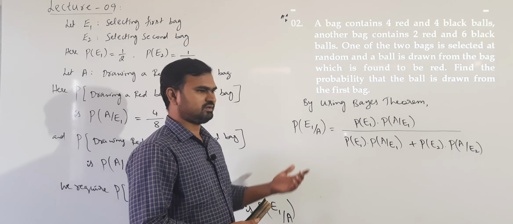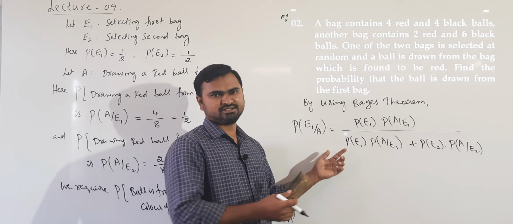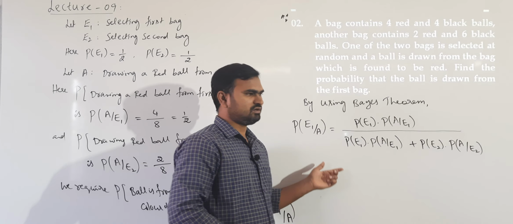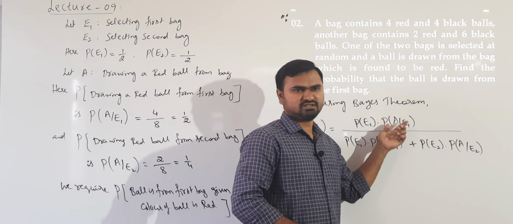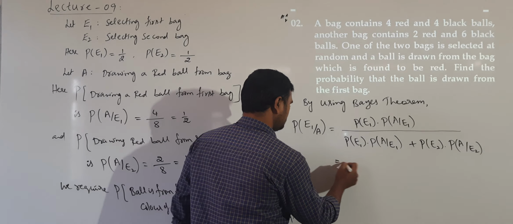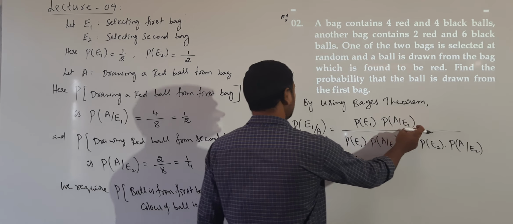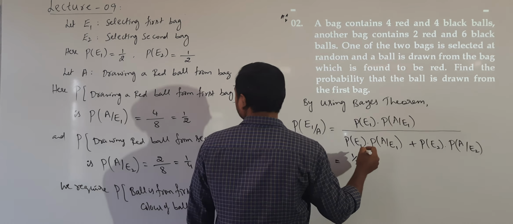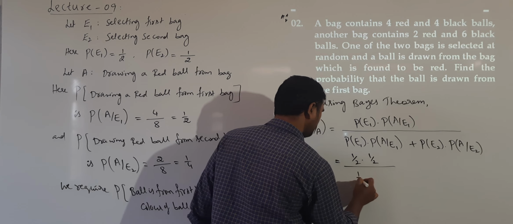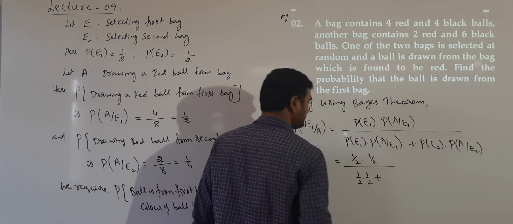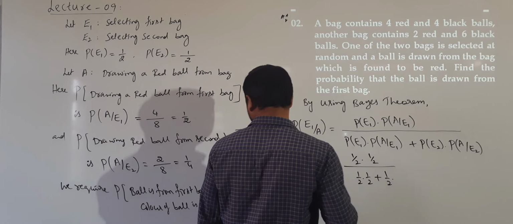Okay. So whenever you are applying the Bayes theorem, first we write the total probability in the denominator, that is all possible cases. Now out of all these cases, whichever we are interested in, that case we have to write in the numerator. So it is P of E1 here 1 by 2, P of A given E1 is 1 by 2, divided by 1 by 2 into 1 by 2 plus 1 by 2 into P of A given E2 is 1 by 4.